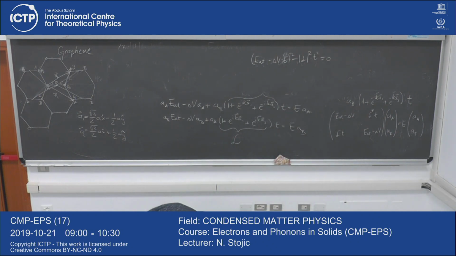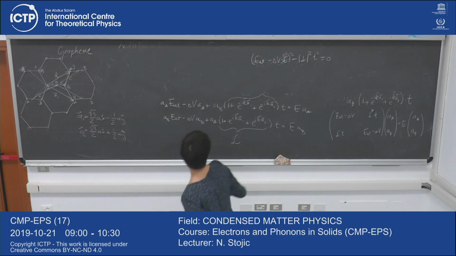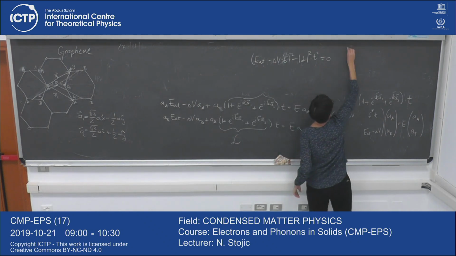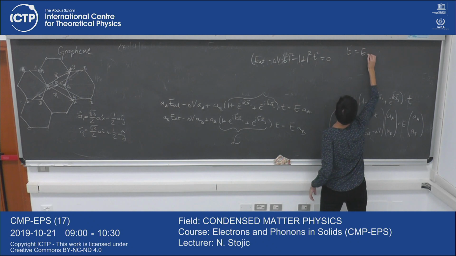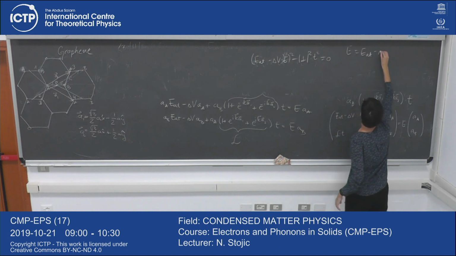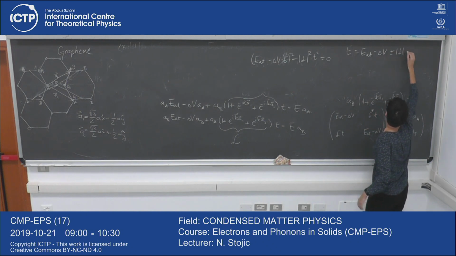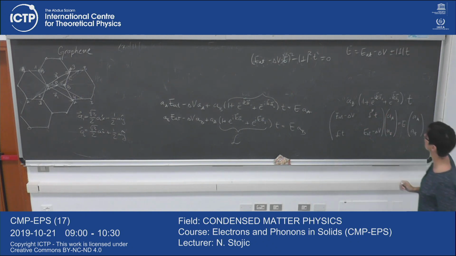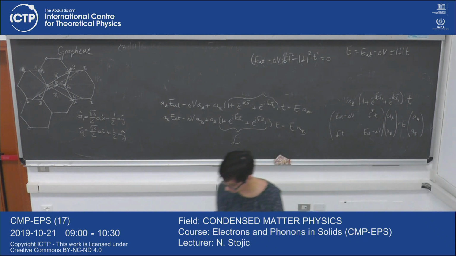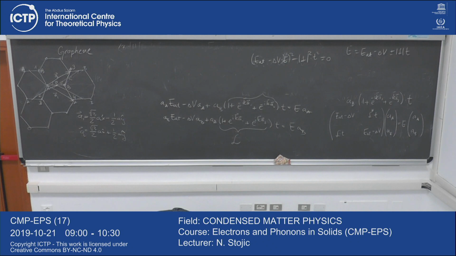So let me just, yeah, e will be equal to e atomic minus delta v plus minus alpha t. Is it correct? And so far everything is correct, I think.